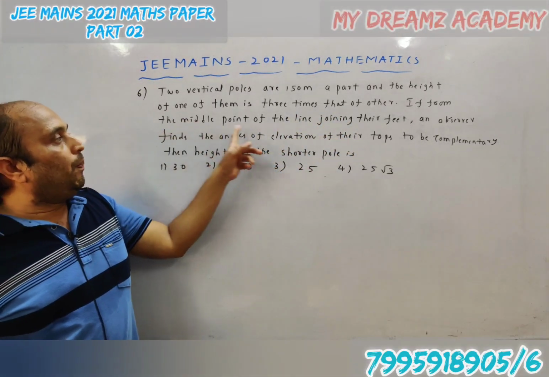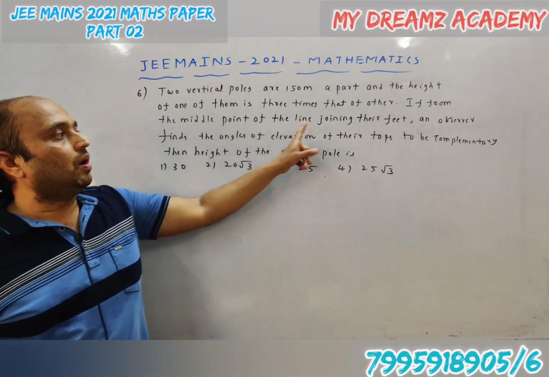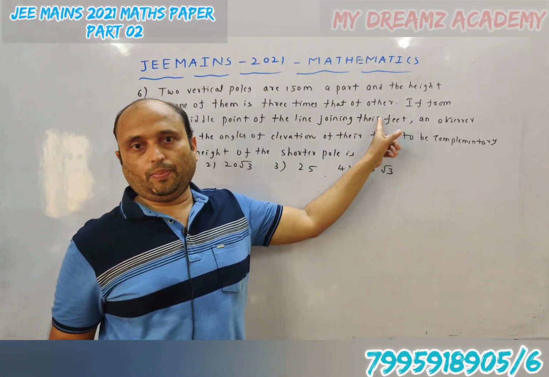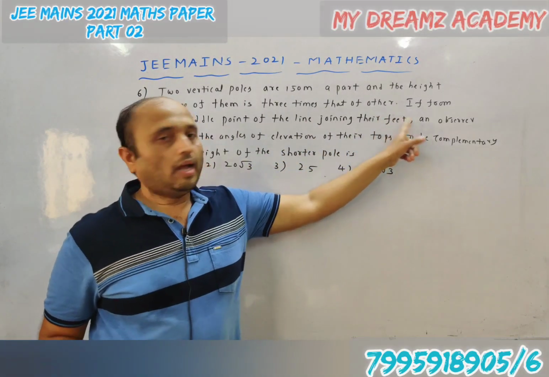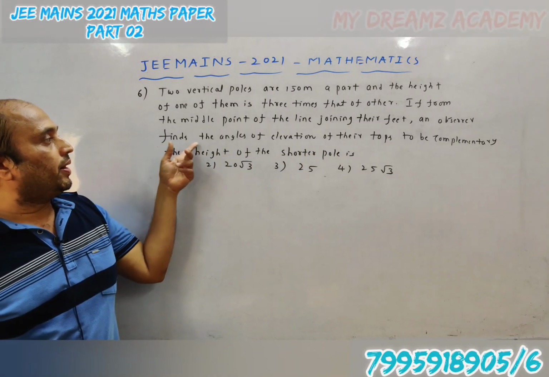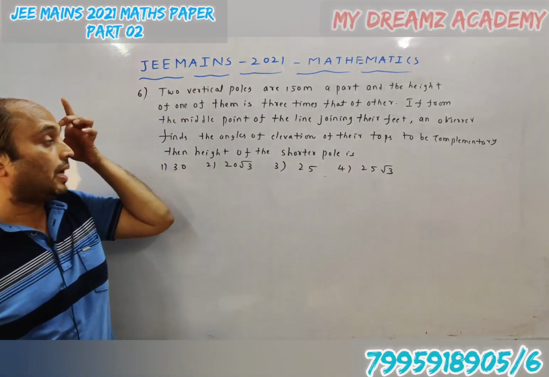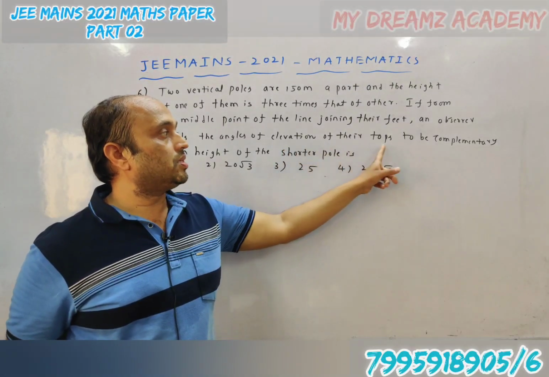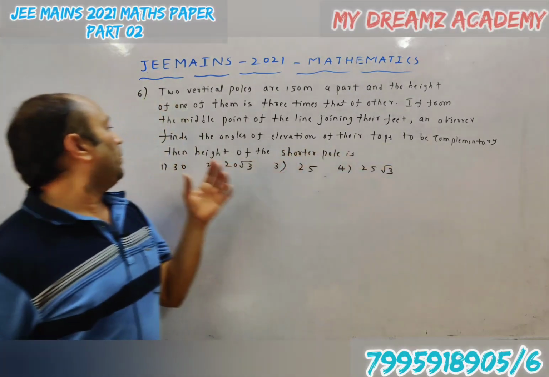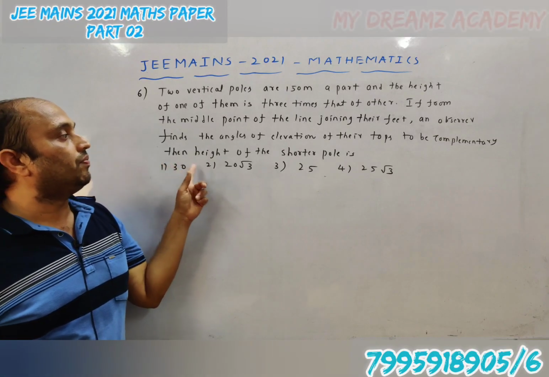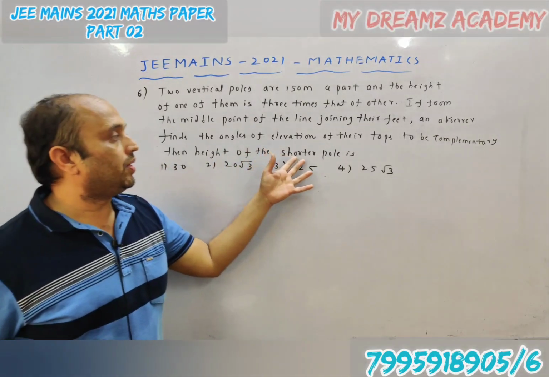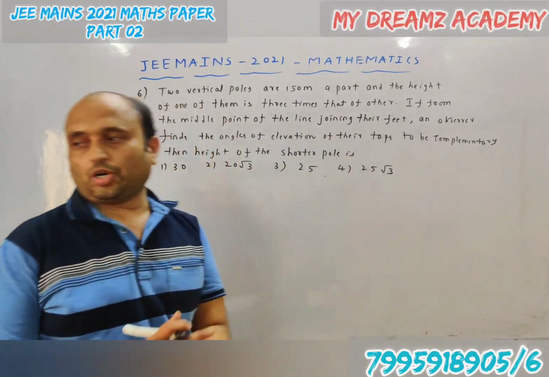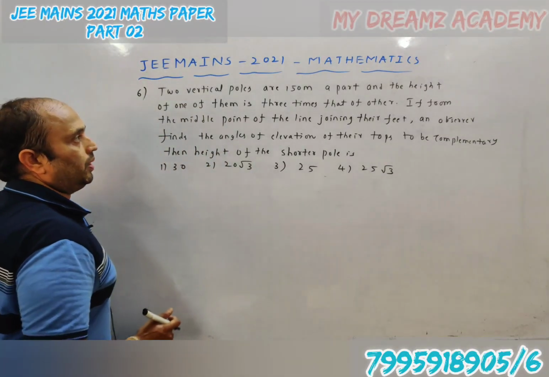If from the middle point of the line joining their feet, an observer finds the angles of elevation of their tops to be complementary, then the height of the shorter pole is... So this is a very simple question.